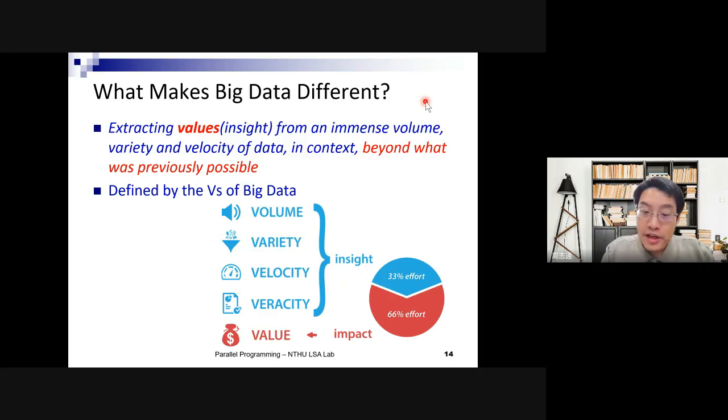Okay, and so you can see that if we could use some new tool and overcome those challenges, then it provides us the ability to process or analyze the data in a way that could never be done before. That is why it is possible to explore new value, right? So that's all the reason behind big data.